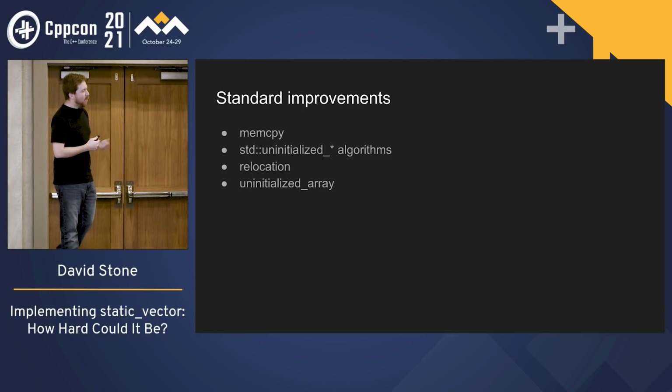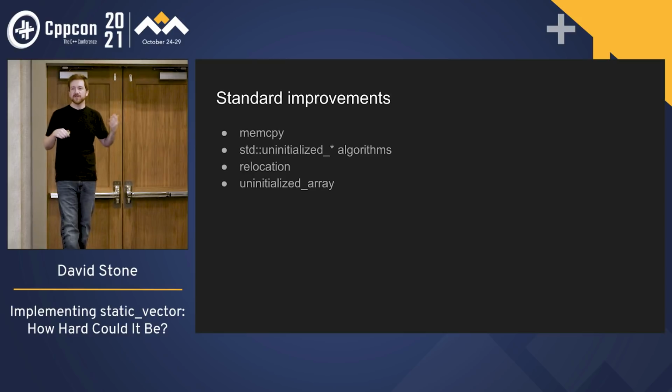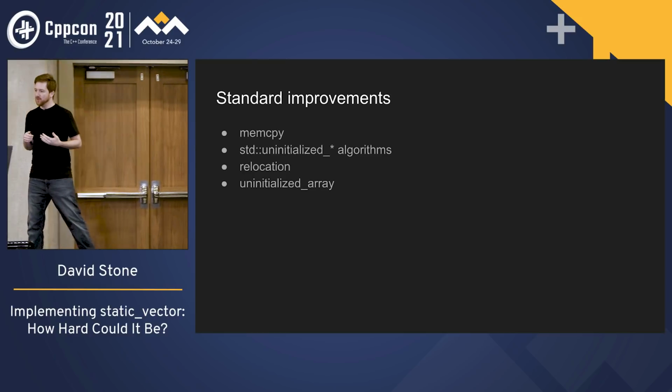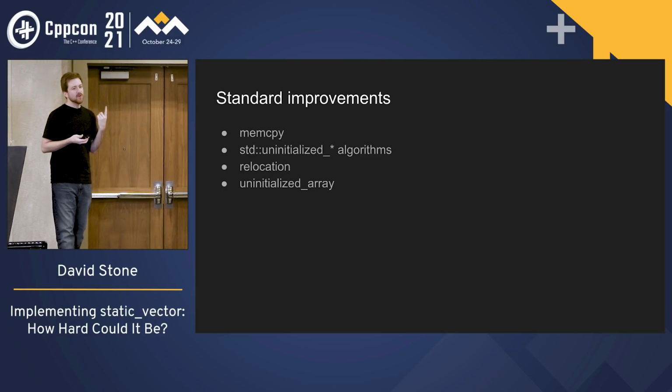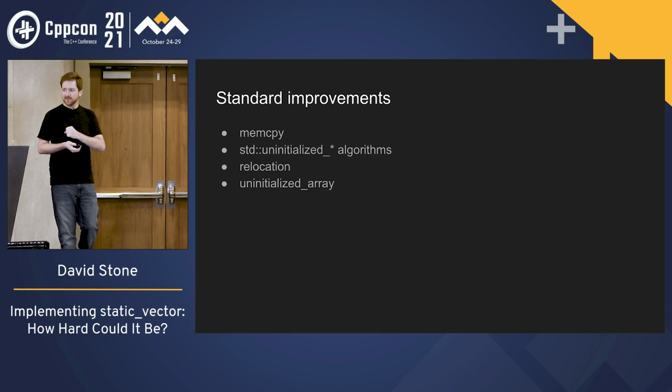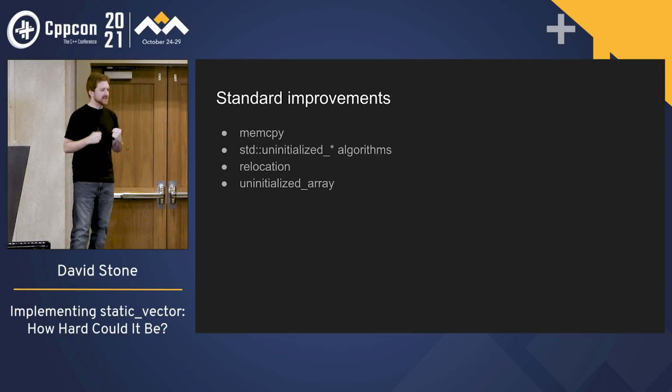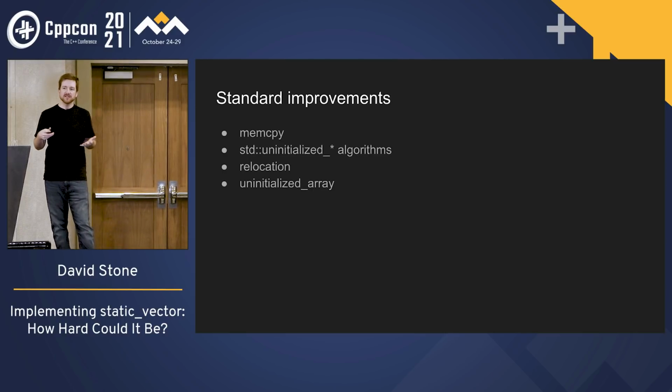So, how do we fix this? There's a few approaches that we can take. One of them would be that uninitialized array is just added to the standard. It's a magic library type that the compiler and the standard library have to work together to somehow do.